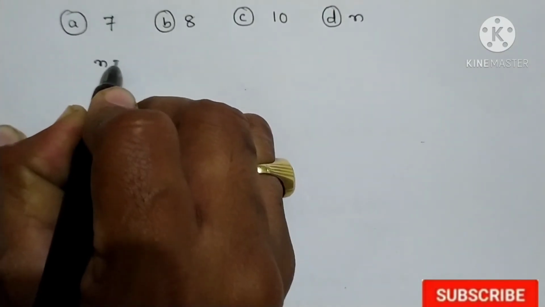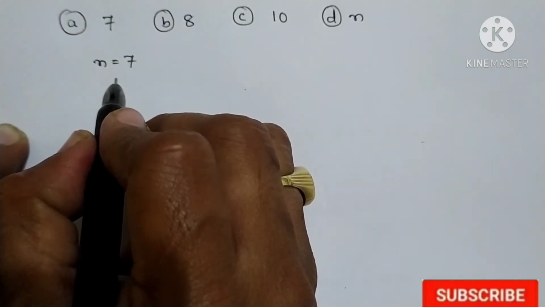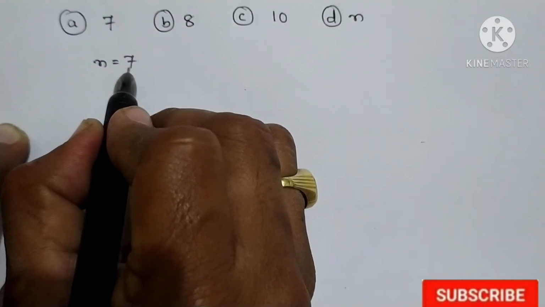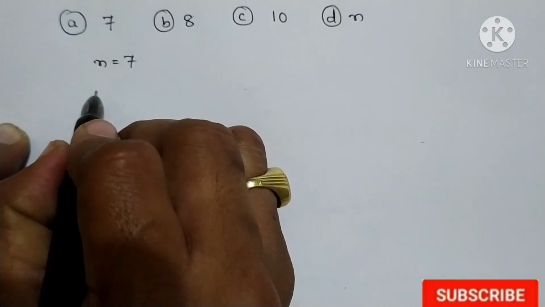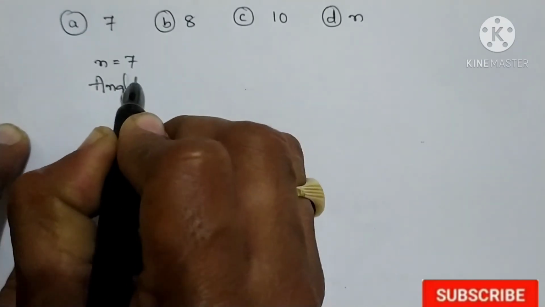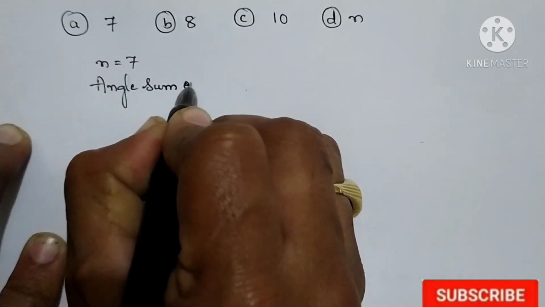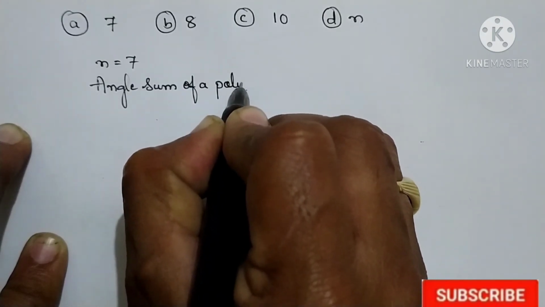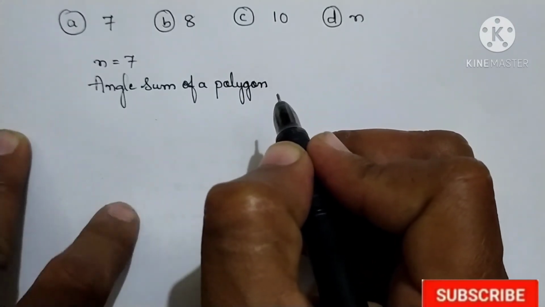N is equal to 7. That means the number of sides in the figure, 7 sides are there in the figure. Then what is the angle sum of a polygon?